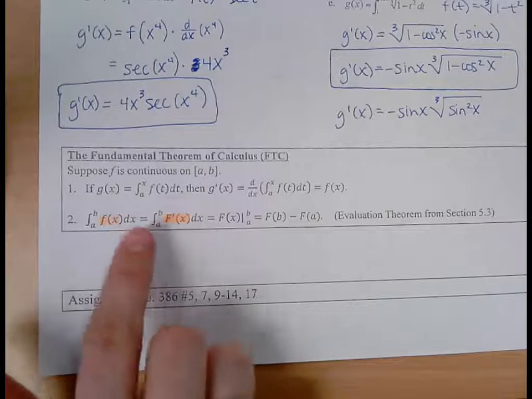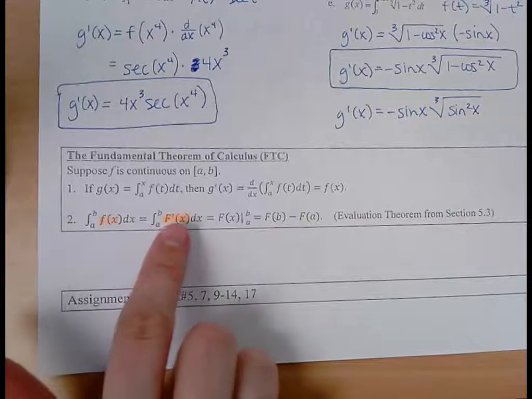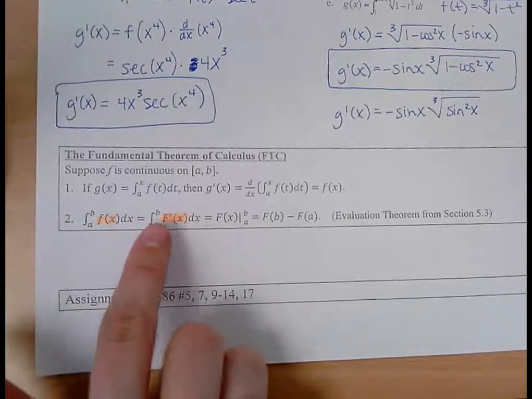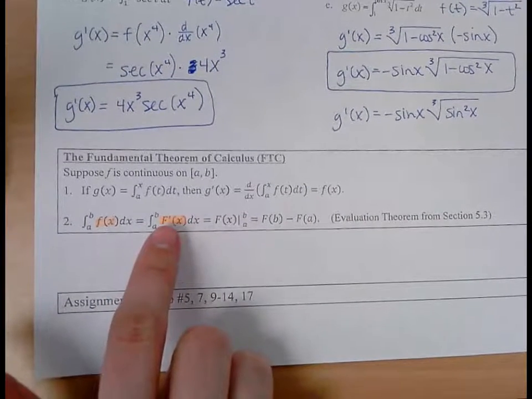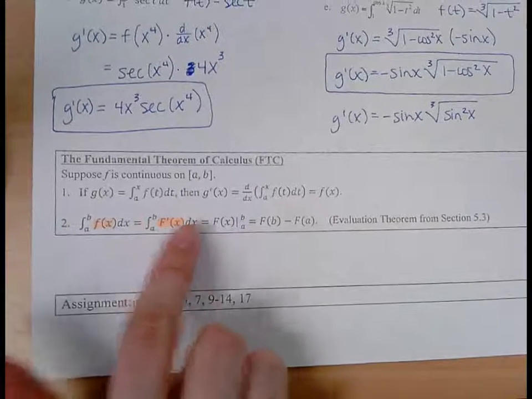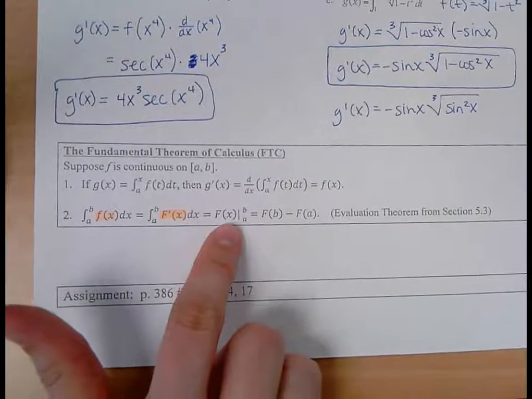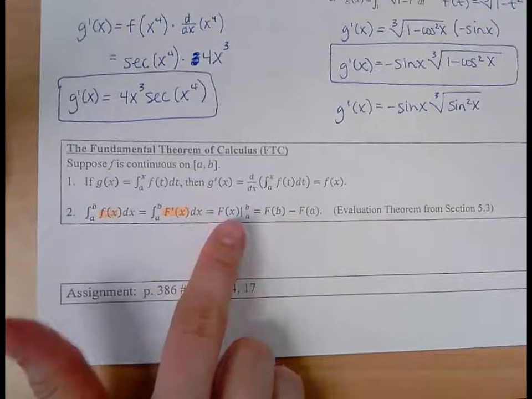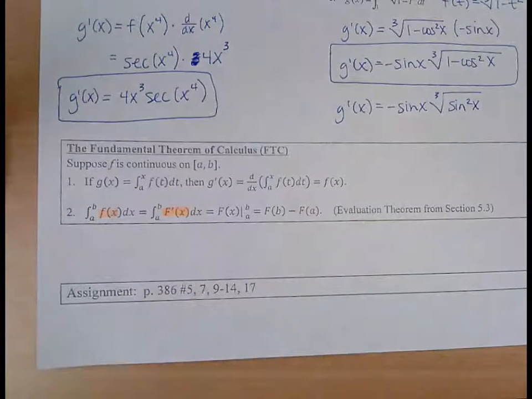Because then this integral shows that you're taking the integral of a derivative, an integral of a rate of change, and that just gets you back to the original function. The integral and the derivative cancel out to just give you capital F of x evaluated from a to b. But that was the evaluation theorem, or that total change theorem we talked about in 5.3.